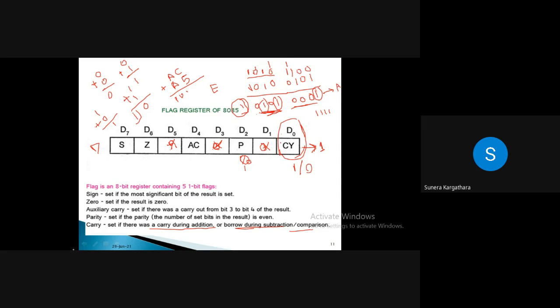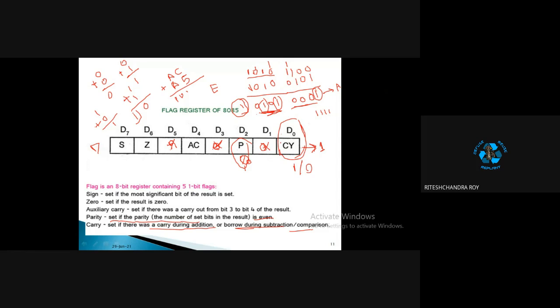Is it clear, students? So if the number of set bits, meaning the number of ones, in the result is even, then even parity will be set and your parity bit will be set to 1. Should I repeat one more time, students?